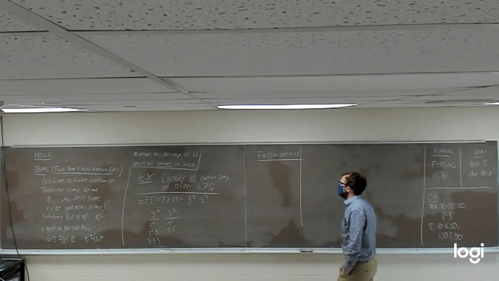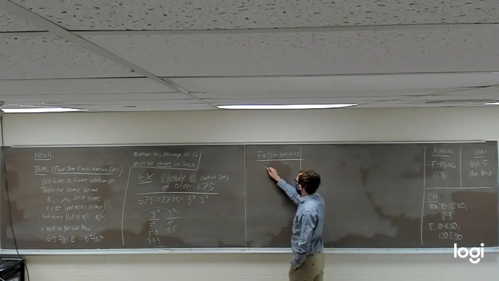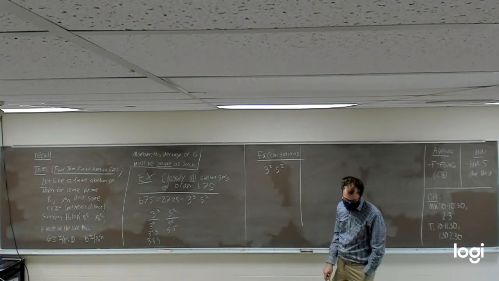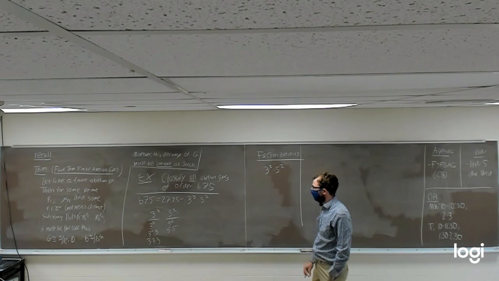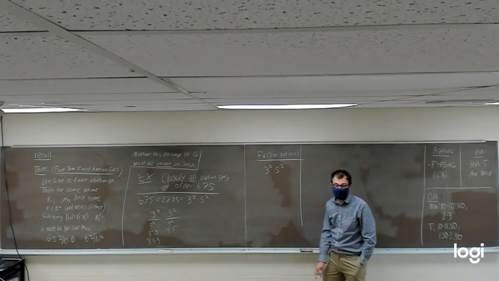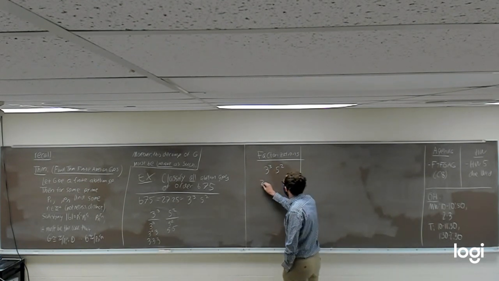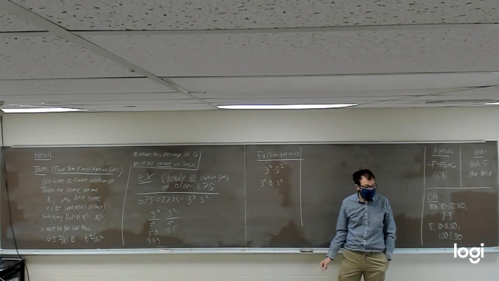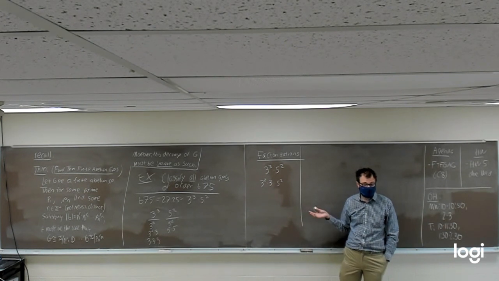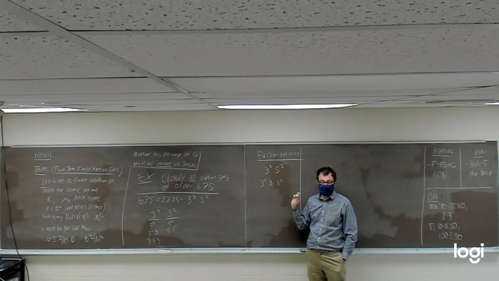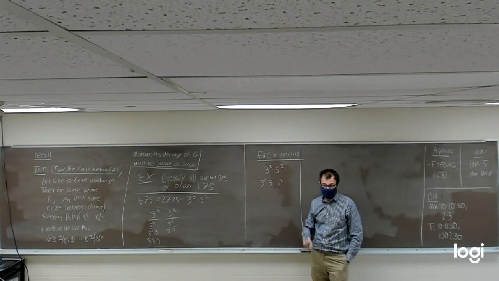So here are our factorizations. One is just going to be 3 cubed times 5 squared, with as big powers of 3 and 5 as you can. Another one is 3 squared times 3 times 5 squared. In other words, all the same prime factors, but splitting it up into 3 separate terms as opposed to just 2 terms.